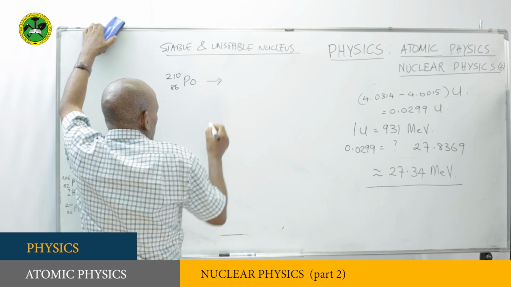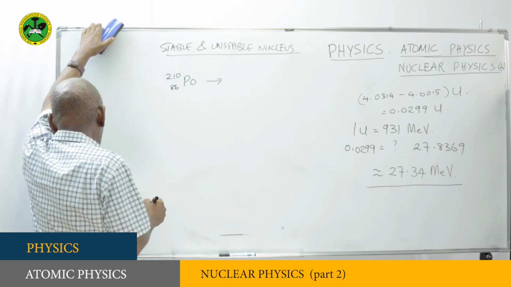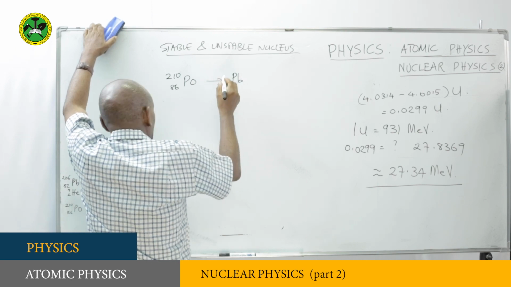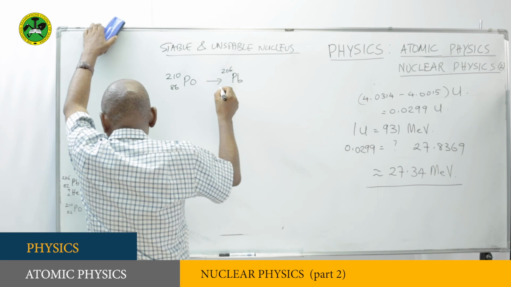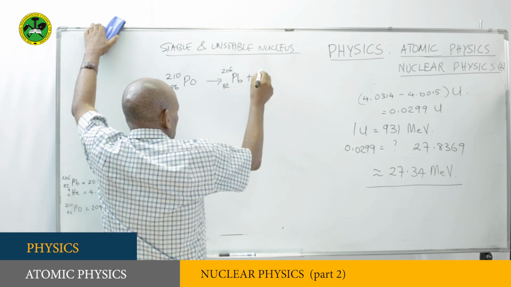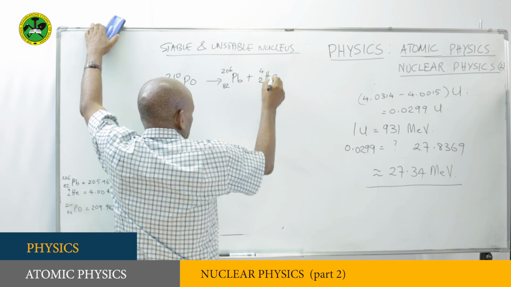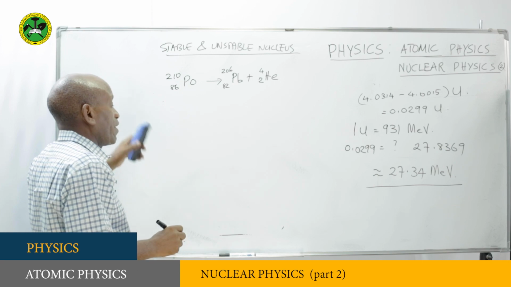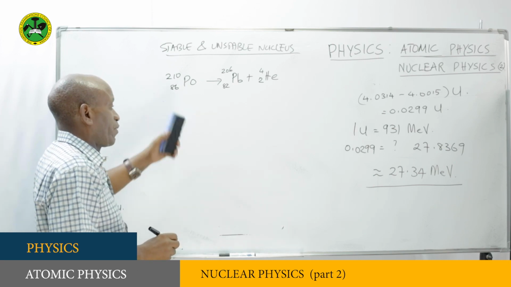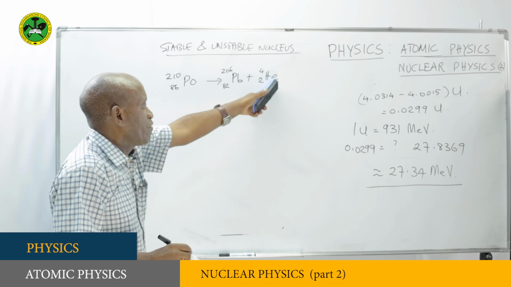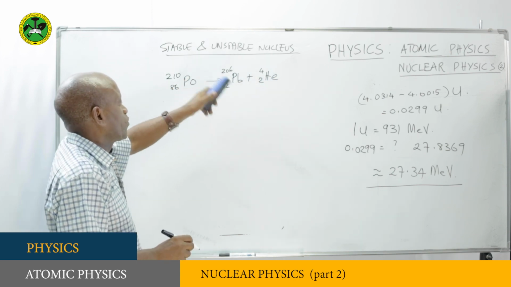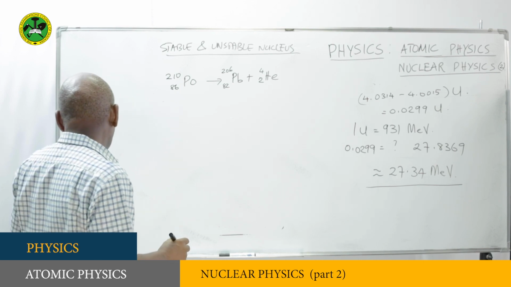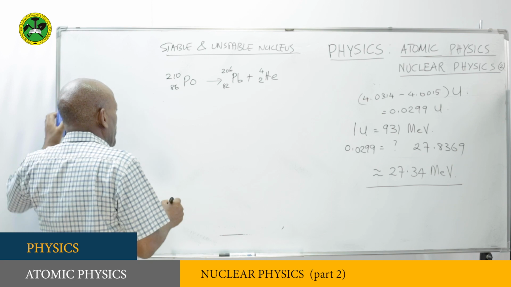So what is going to be produced will be a lead, lead-206 with atomic number 82, plus a helium. This will be our reaction equation for polonium. By emitting an alpha particle, a lead is produced. And now let us look at the unified atomic mass units.